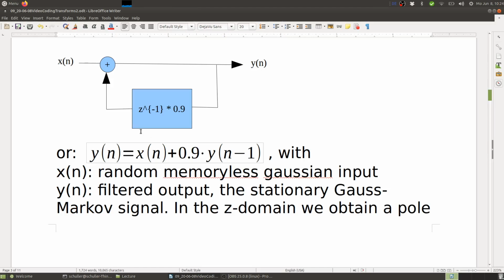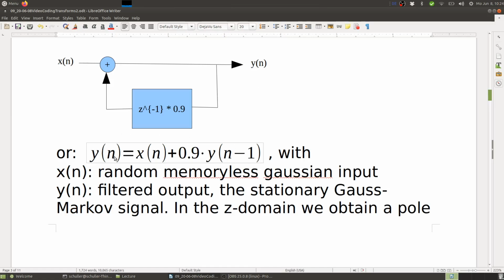If you have an input, then the next output will be very similar to the previous output because of this factor 0.9. It just takes the previous output and adds it back to the input. So when you have a small input here, the output consists of very similar samples. This is also what you usually observe in natural images, that neighboring pixels are usually quite similar.